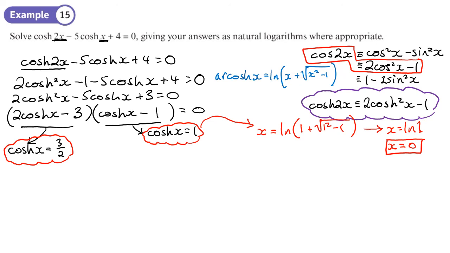You'll remember that the graph of arc cosh, let's draw it here, looks like this. Something like that. It's going up, and this is the number 1 here.